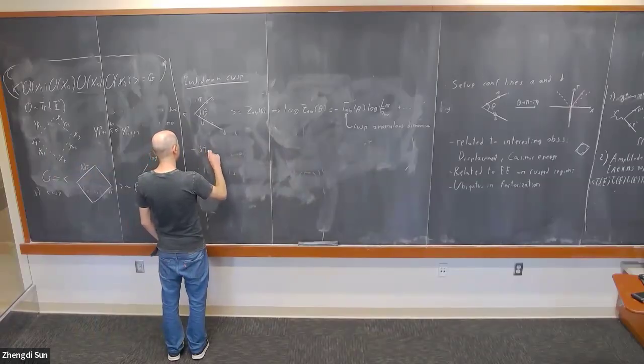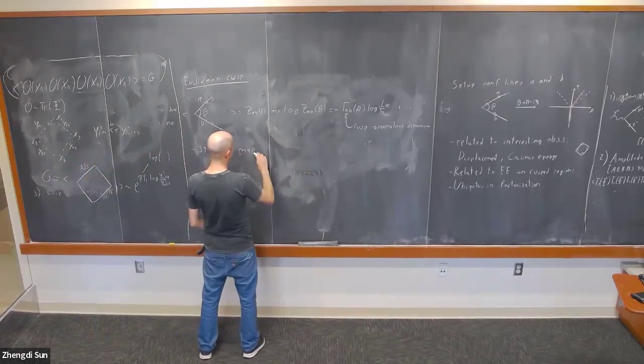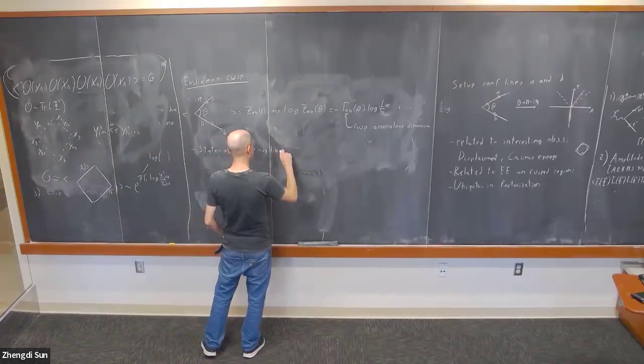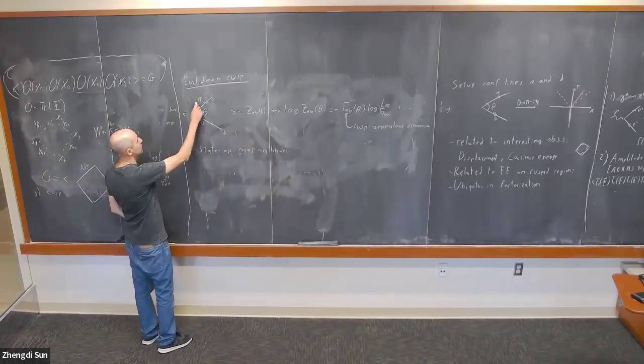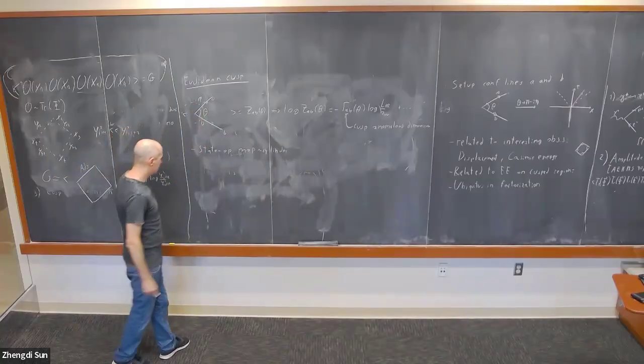Maybe a slightly better way to see this is to do the state-operator map. Or well, let's say this is like going to the cylinder. So going to the cylinder, you quantize. It means that you quantize in circles, and then you do a conformal scaling.